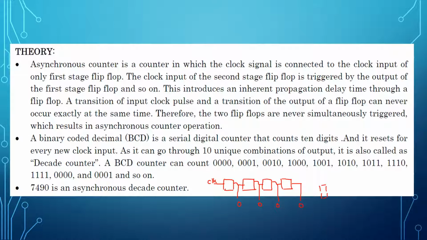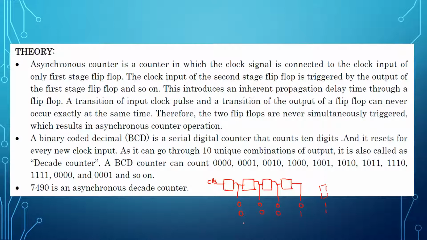When I apply the second clock pulse, my counter will be giving me a count of 0001. This 0001 produced by the flip-flops should be given to the decoder, and the output of the decoder should be given to the 7-segment display, which should be displaying the number 1.